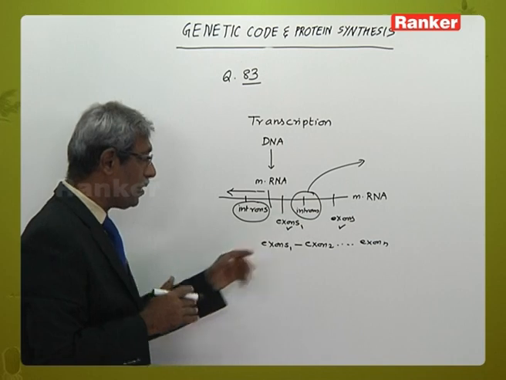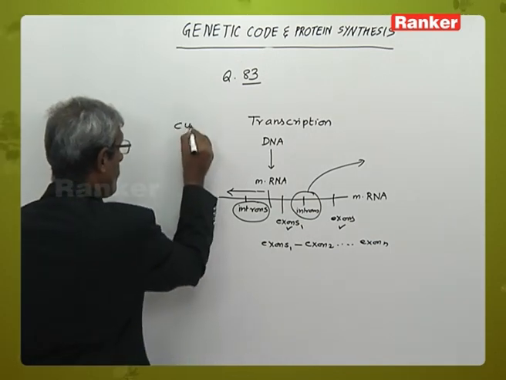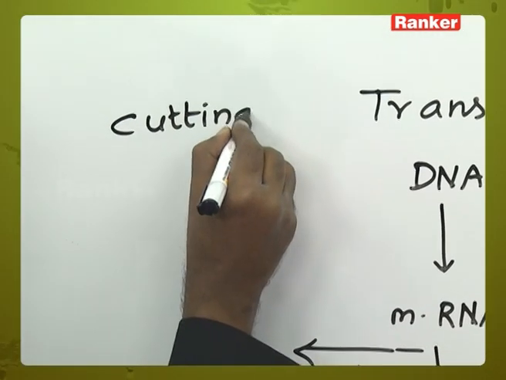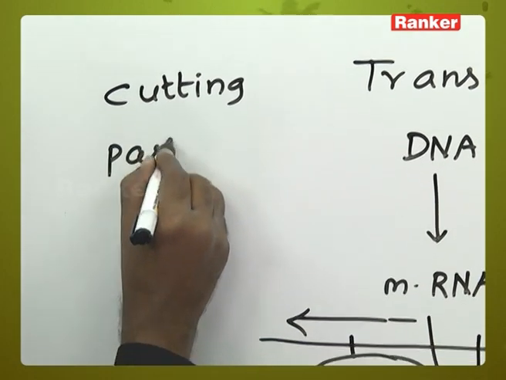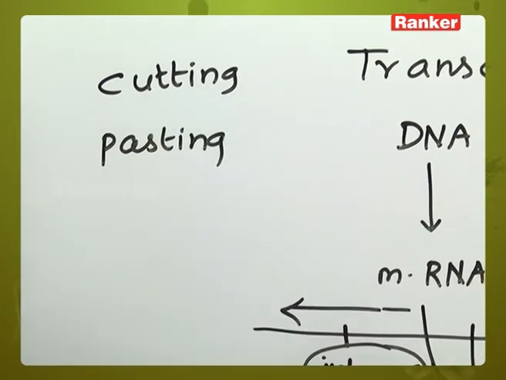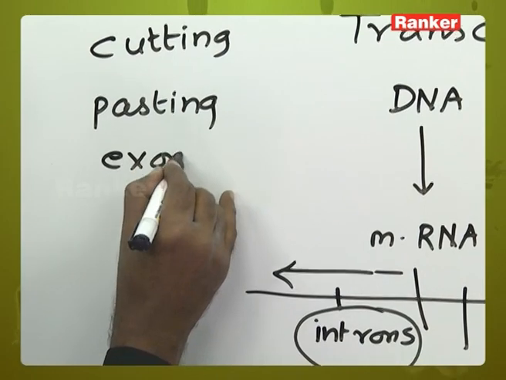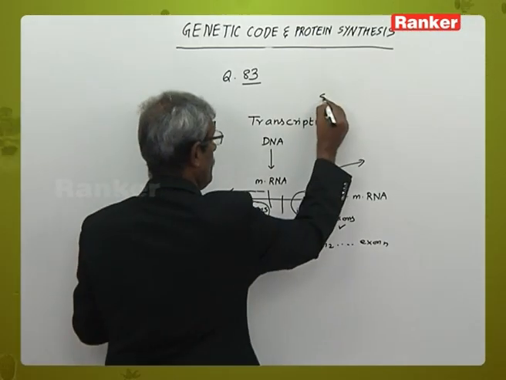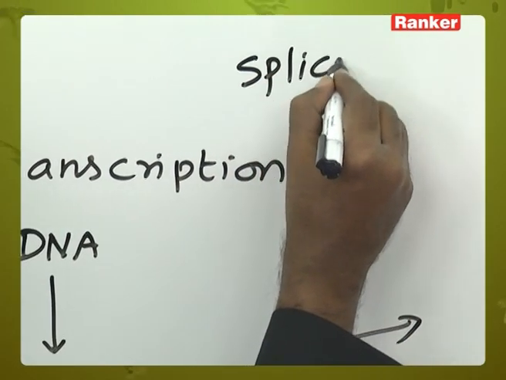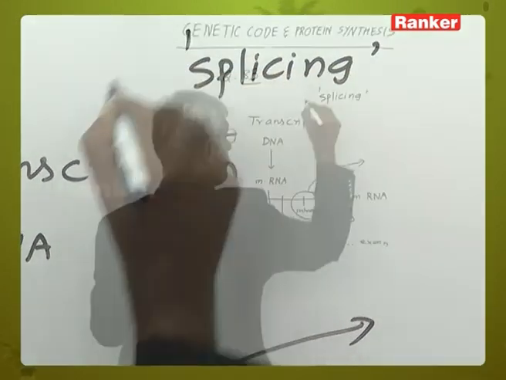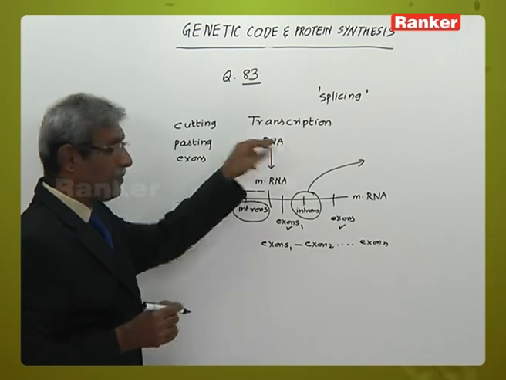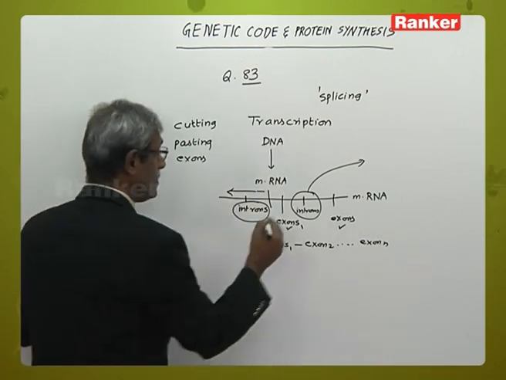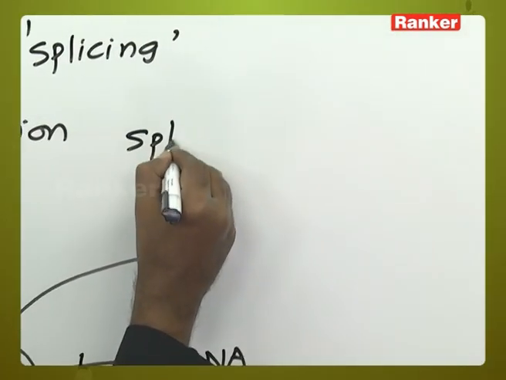So, this method of cutting and pasting of the exons in a particular order is termed splicing. Splicing is a characteristic feature of transcription, and it occurs in the presence of a complex called the spliceosome.